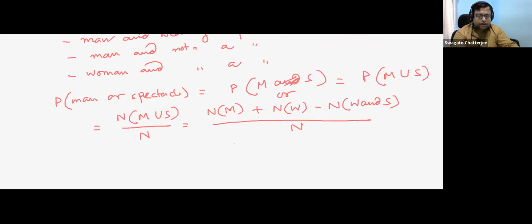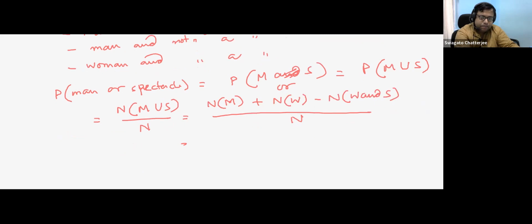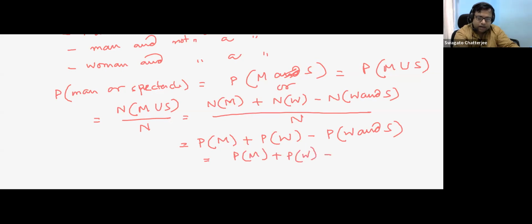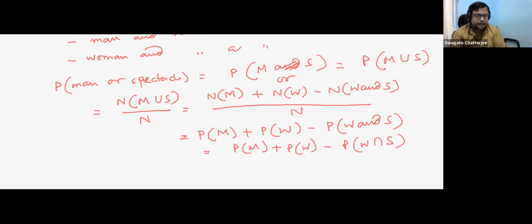So if I do that, what I get is P of M plus P of W minus P of W and S. So basically P of M plus P of W minus P of W intersection S. I've just quickly derived this.